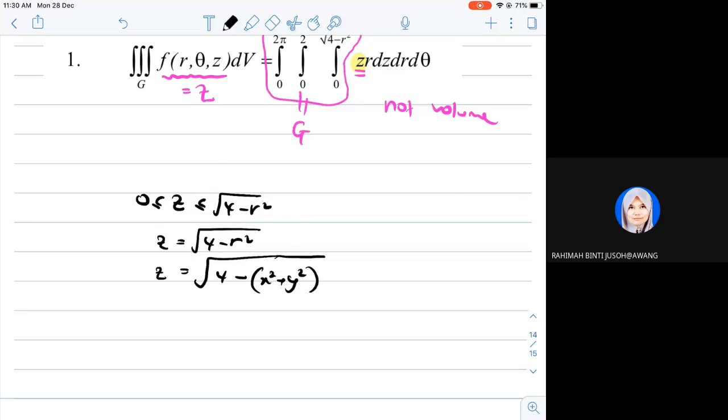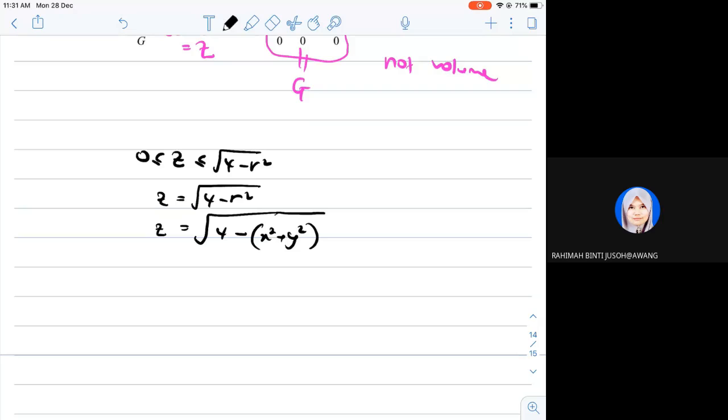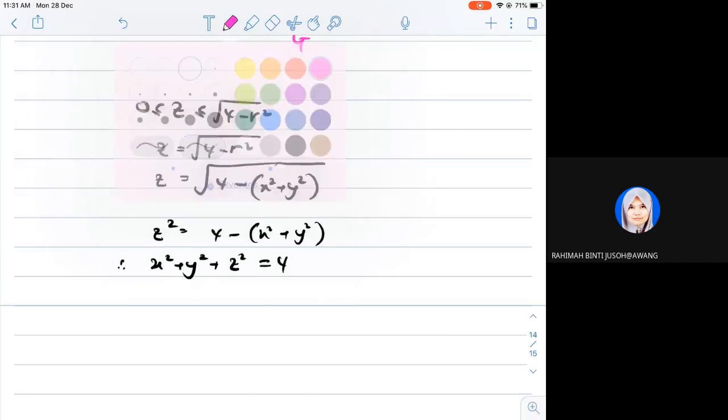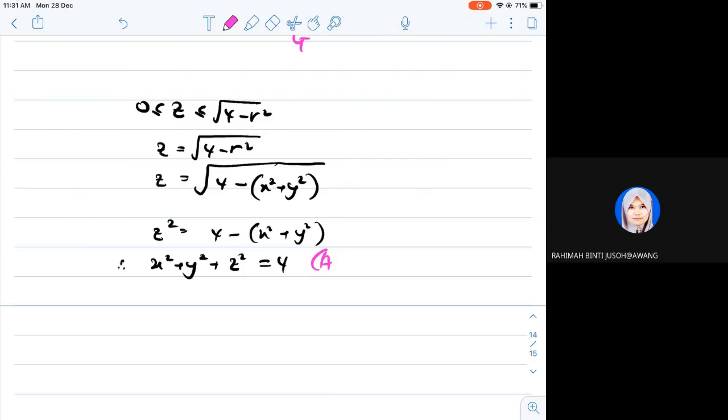If I square both sides, we will have z squared equals 4 minus x squared plus y squared. If I rearrange this, I get x squared plus y squared plus z squared equals 4. Therefore, this means a what?